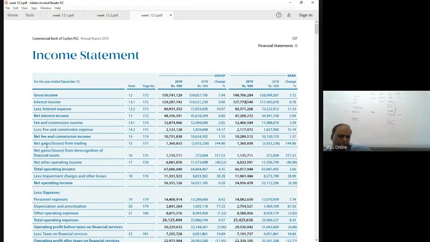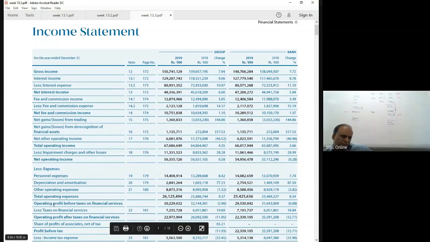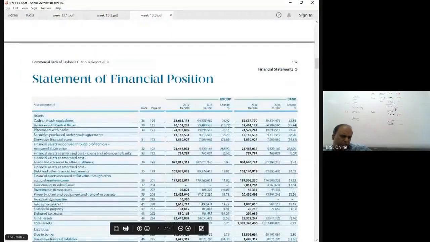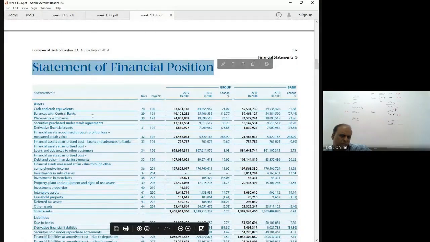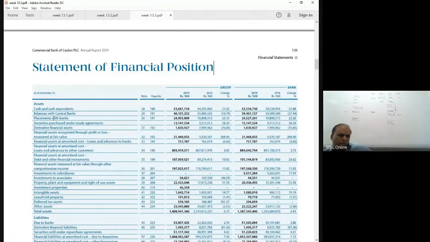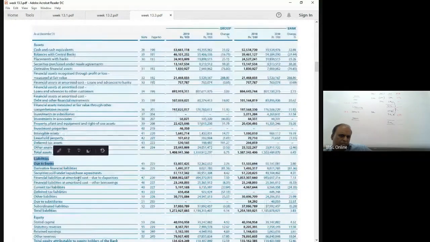And these are the items that you show in your financial statement, the list of items. Even in the balance sheet, that is your statement of financial position. You see the name, statement of financial position. There also you show the assets, the liabilities, and the equity.